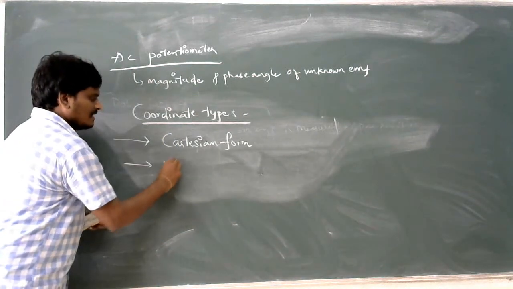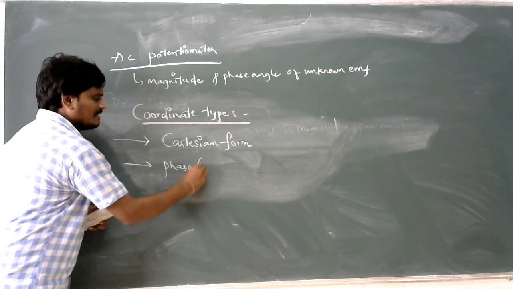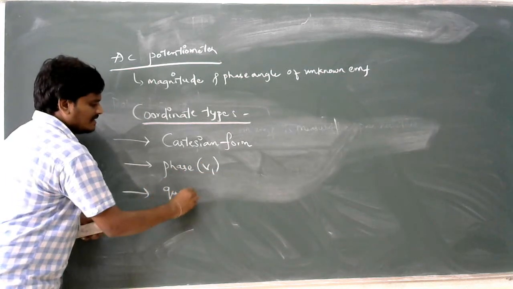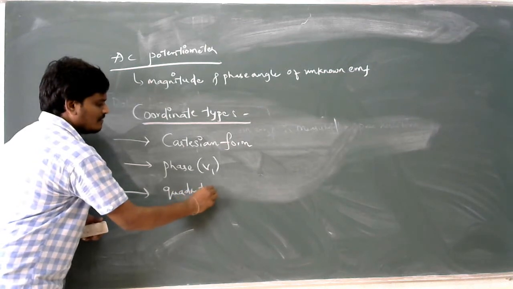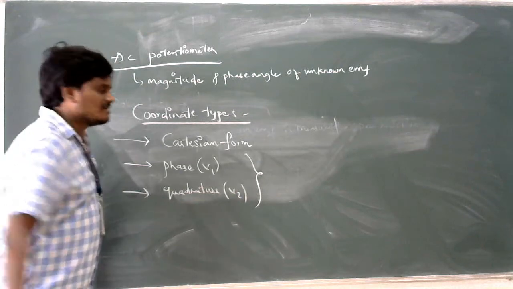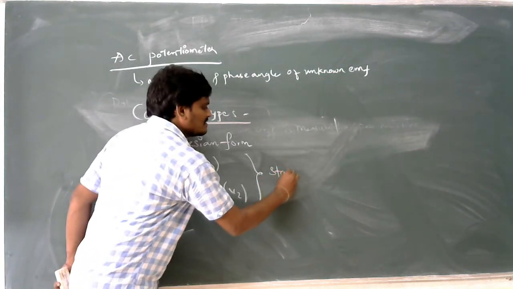The magnitude will be represented in the form of a phase component, and the phase angle is represented in the form of a quadrature component, with respect to the standard axis.